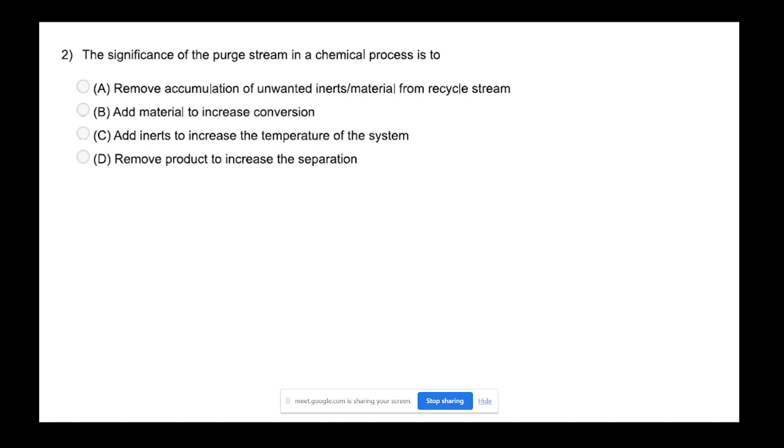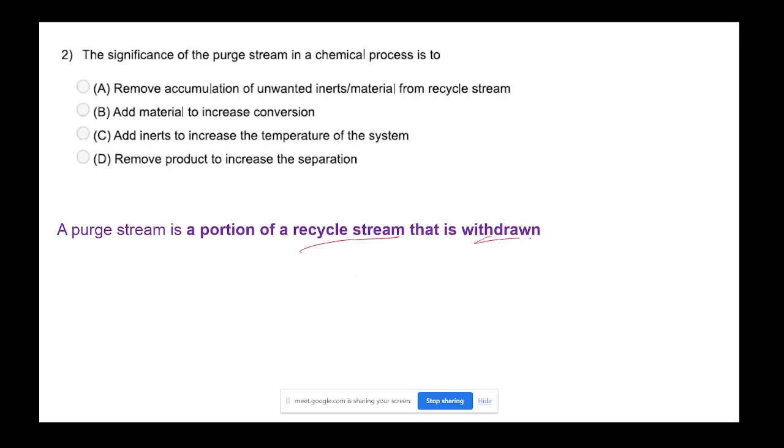Next comes the significance of the purge stream in a chemical process. If we look into the options, the meaning of purge stream I have already mentioned in the earlier part of the lecture. A purge stream is where we take out some portion of the recycle stream and withdraw it from the system. So why do we withdraw?